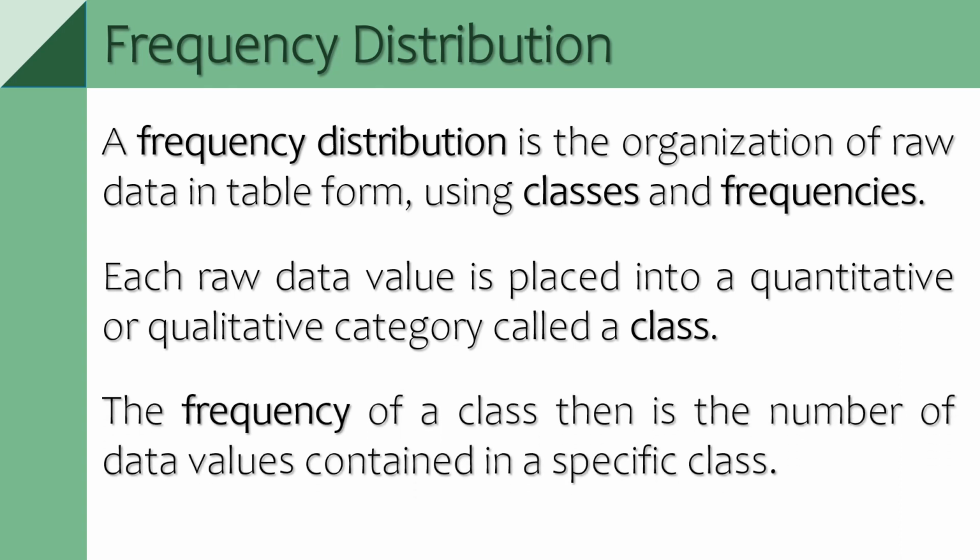Next is the frequency of the class, which is the number of data values contained in a specific class. So the frequency is the count of how many fall in each class.